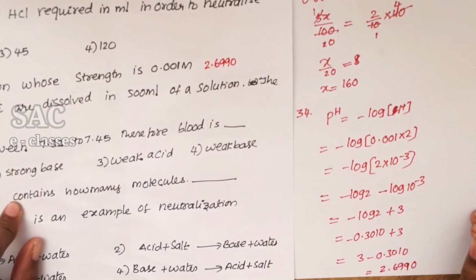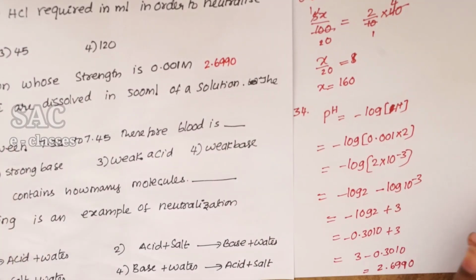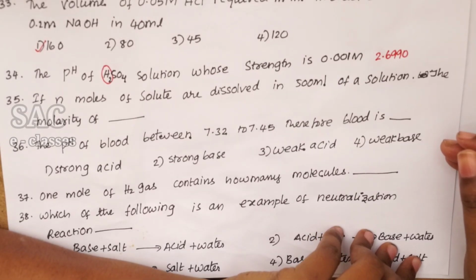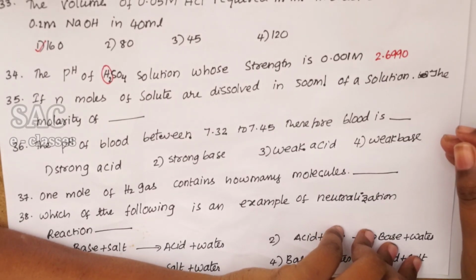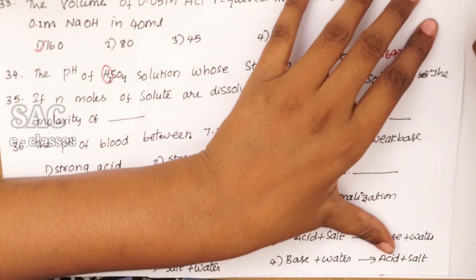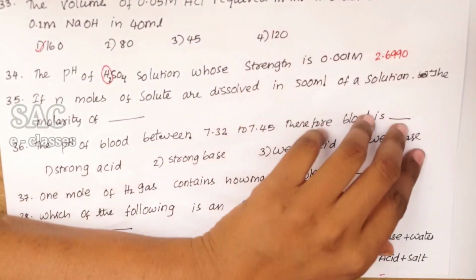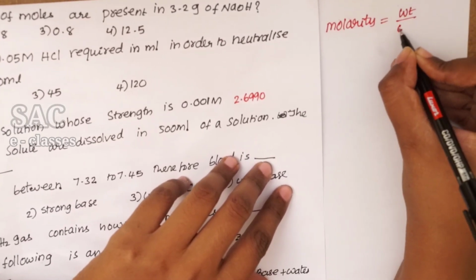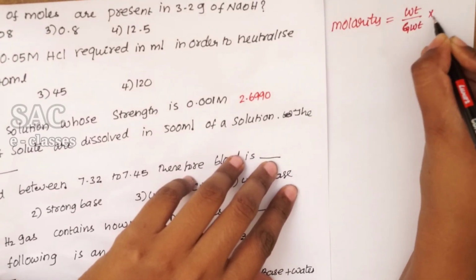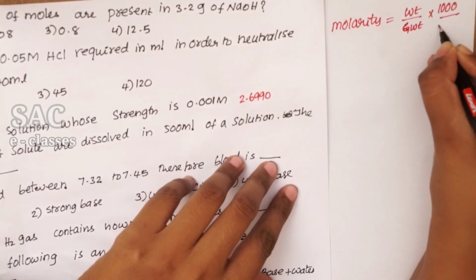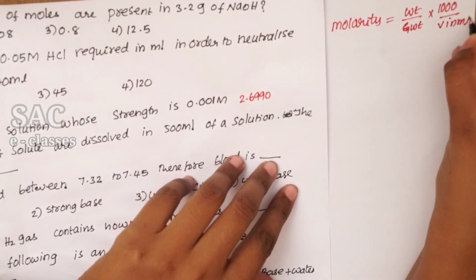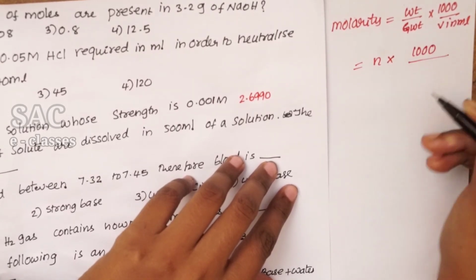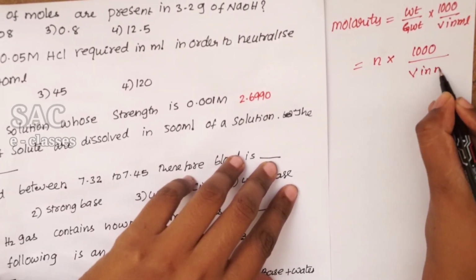Now look at the 35th one. If n moles of solute are dissolved in 500 ml of solution, then what is the molarity? We know the molarity formula. Molarity is equal to weight by gram molecular weight into 1000 by volume in milliliter, or else number of moles into 1000 by volume in milliliter.